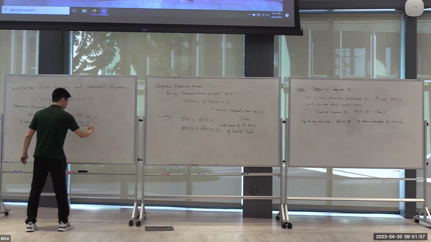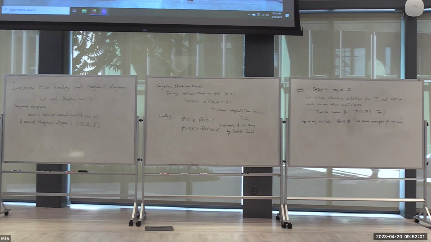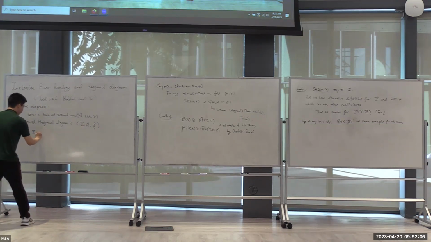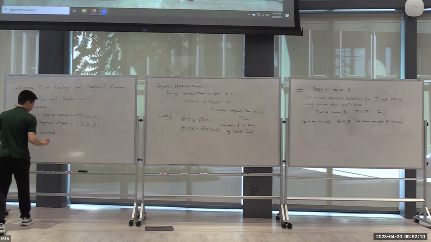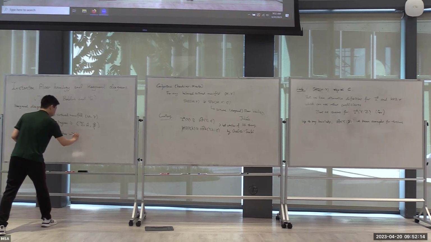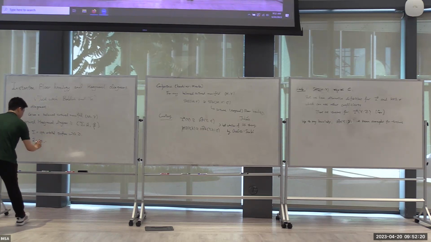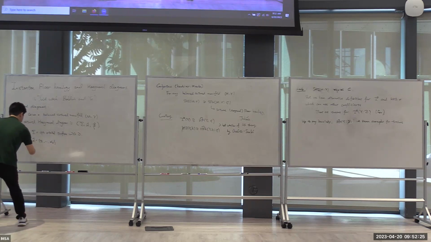So we have sigma, alpha, and beta, where sigma is a compact oriented surface with boundary, and we have two sets of disjoint curves, alpha and beta.